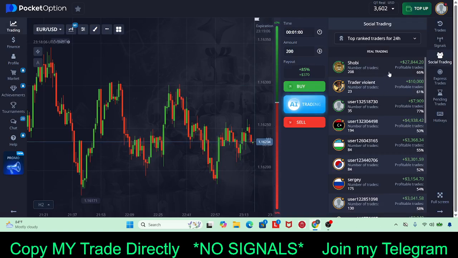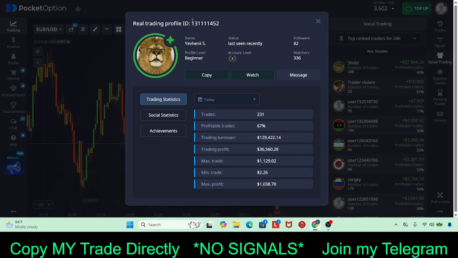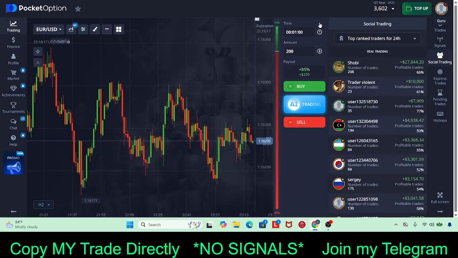So what you need to do is, if you see, this is the UID. UID is this kind of number which you can also find inside your profile. It is clearly written as UID, and you just need our UID in order to copy trades.